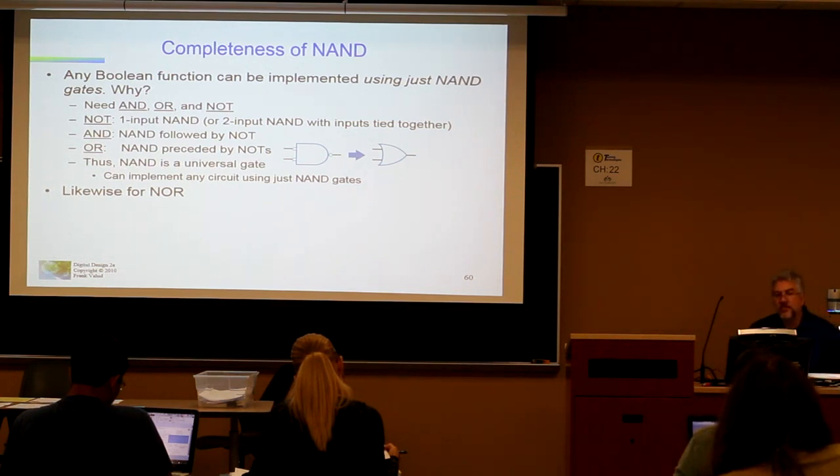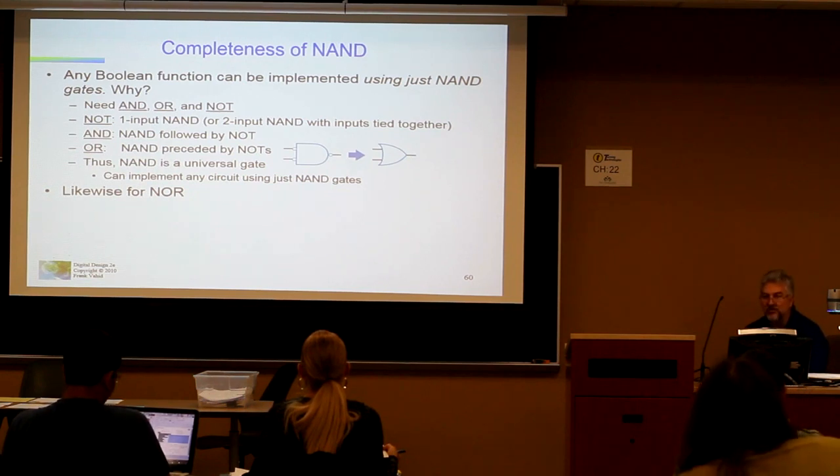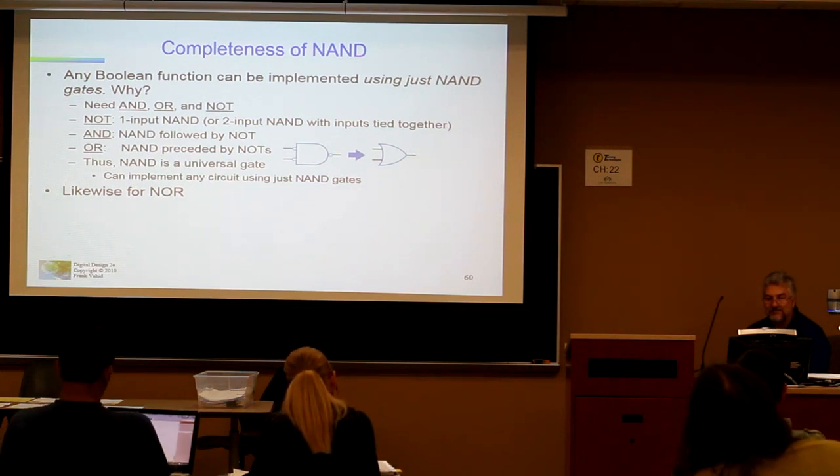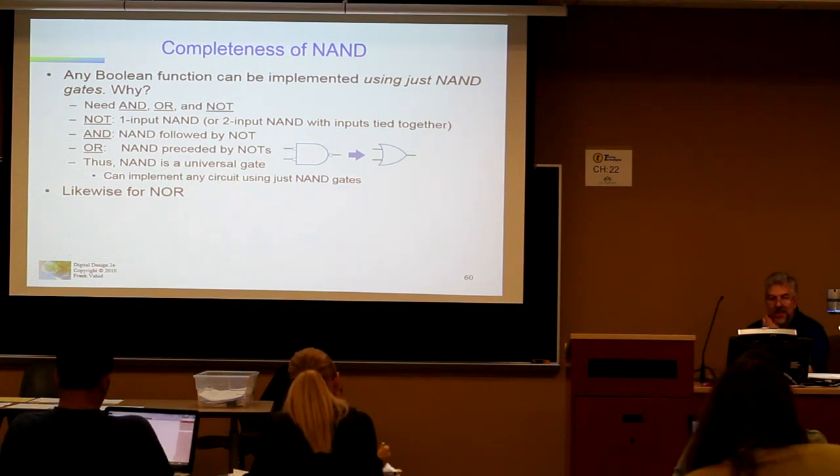Now, any Boolean function can be implemented using just NANDs. Wow, do you believe that? Well, if you want to represent a NOT gate, you have a one-input NAND or a two-input NAND tied together.